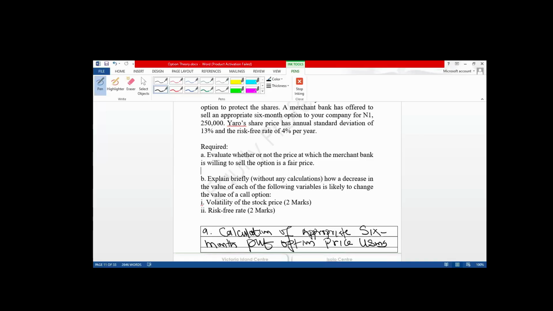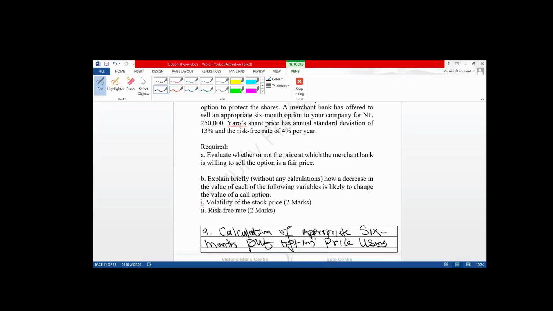If there's a decrease in volatility of a stock price, volatility means standard deviation. Standard deviation is used to measure risk. So if there's a decrease in your risk, what will happen to your stock price?